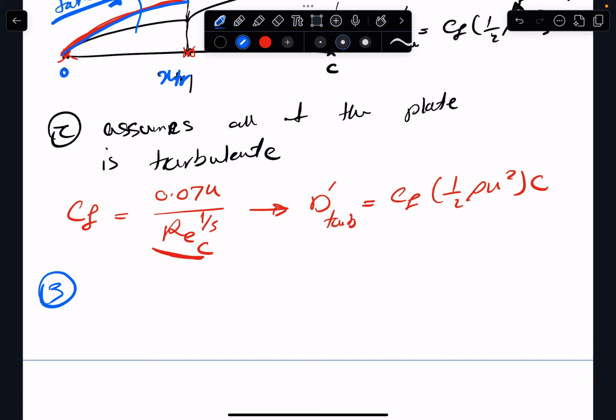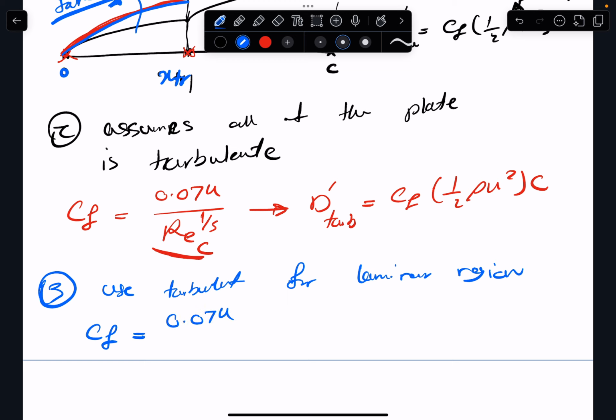Okay, so part 3, use turbulent equation for laminar region. Okay, CF for this part can be calculated by the turbulent formulation. But the Reynolds number here is going to be the transition Reynolds number. Okay. And then using this, we can find a drag force.